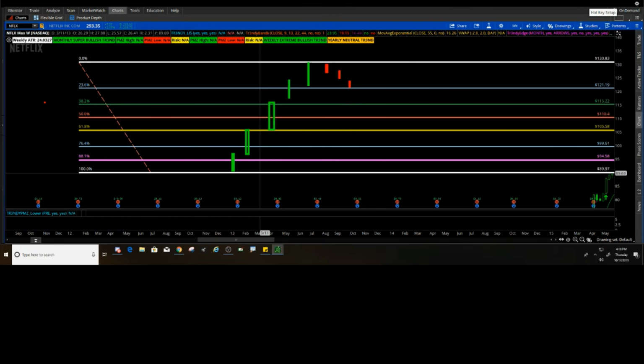Remember, the 23.6 in this case, since this is an uptrend, this is considered extreme bullish or super bullish, okay, just depending on how you want to name these, or just super bullish and bullish.